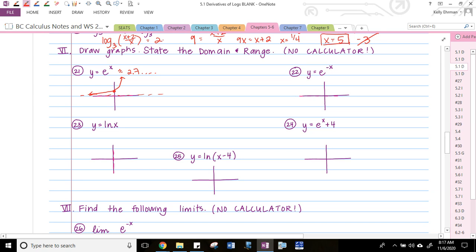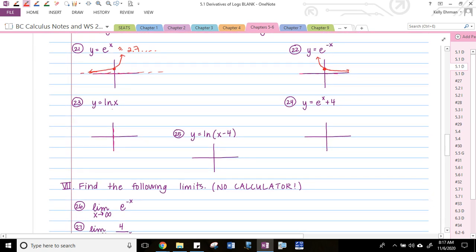So it still has the horizontal asymptote at 0, still has the point (0, 1). With that negative exponent, the larger numbers you plug in, you're getting 1 over a huge number, so that's approaching 0. And as you plug in negative values, you're getting e to a positive exponent, which increases to the left.